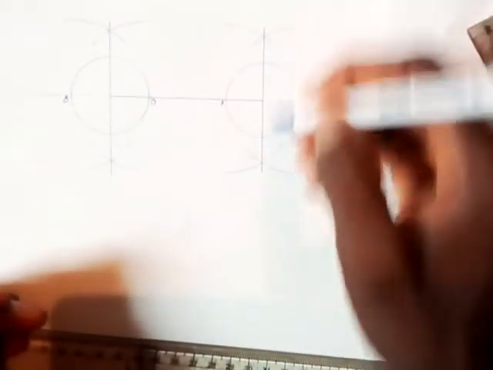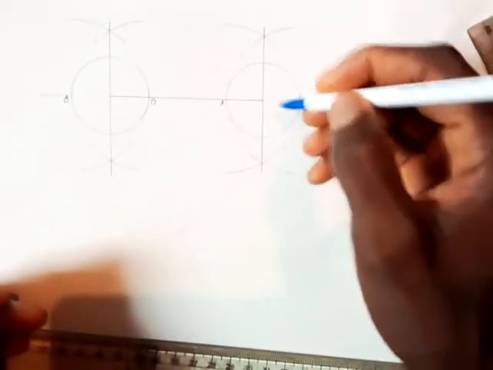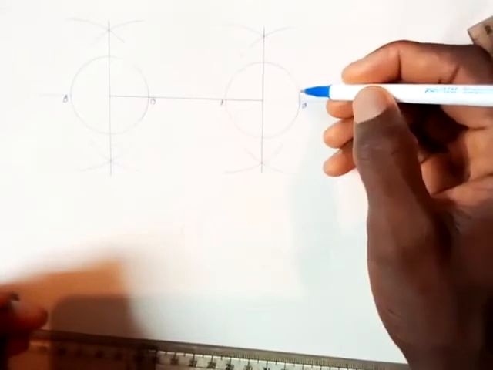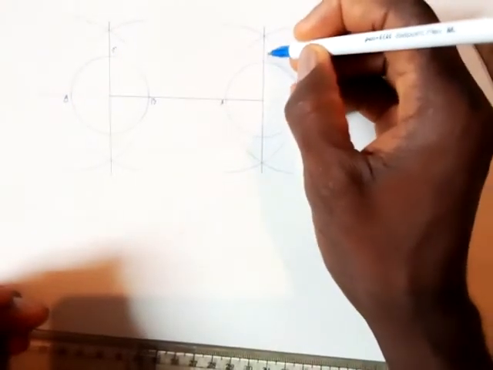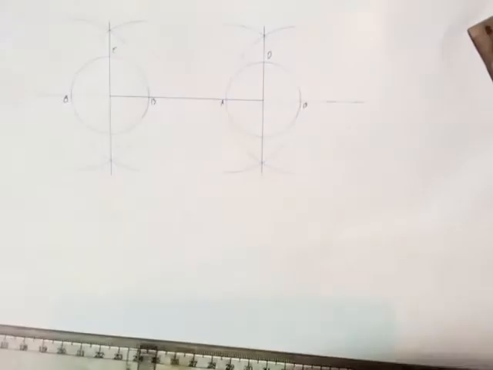Now, the bisector, the line that bisects AB here, let's say it meets this point. This is point C, and it meets this one at point D.